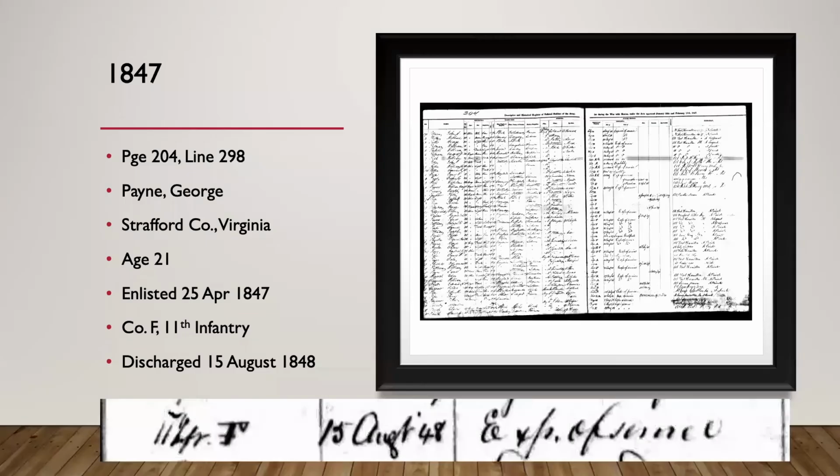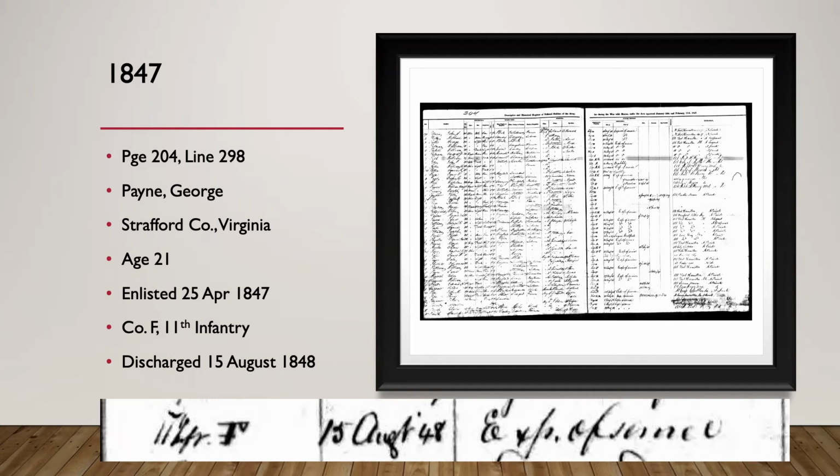So in 1847, we see on page 204, line 298, that there is a George Payne from Strafford County, Virginia, not Stafford. He's age 21. He enlisted on the 25th of April, 1847 in Company F of the 11th Infantry, and he was discharged 15 August 1848.